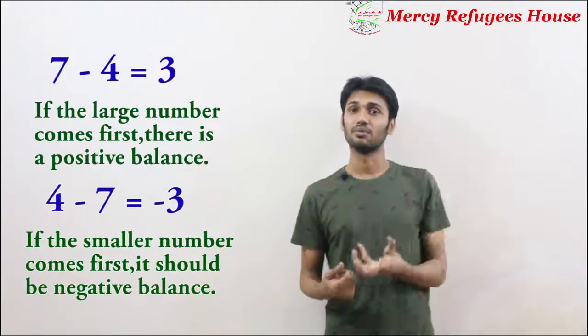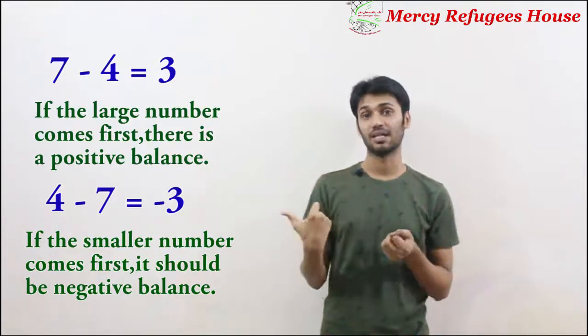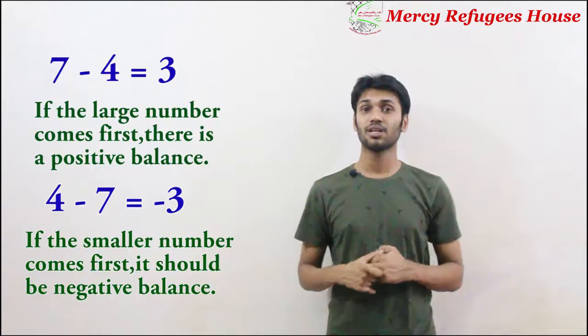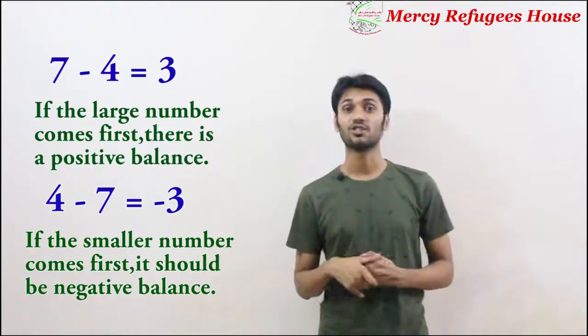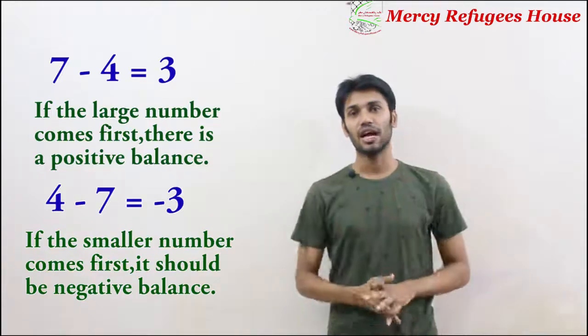So the large number, if it comes first, only then there is a positive balance. If the smaller number comes first and the larger number is being subtracted, there should be a negative figure. Just assume you have got 15 taka in your pocket. Now you need to buy something that will cost you 20 taka.